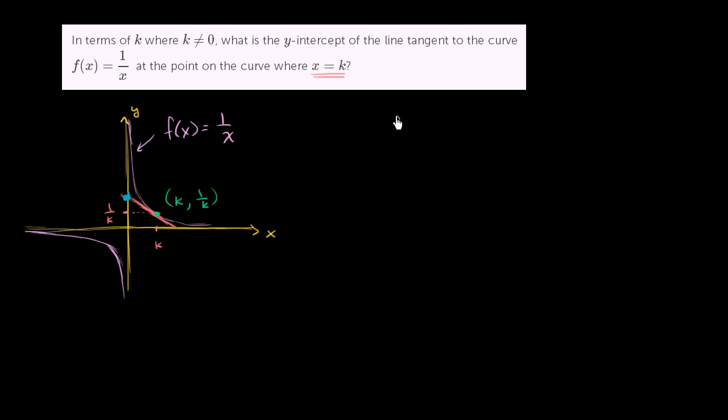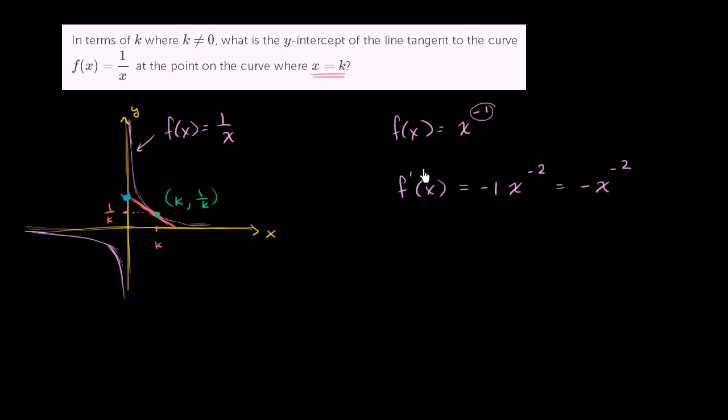So if we write f of x, instead of writing it as 1 over x, I'll write it as x to the negative 1 power. That makes it a little bit more obvious that we're about to use the power rule here. So the derivative of f at any point x is going to be equal to, the exponent here is negative 1, so negative 1 times x to the, now we decrement the exponent, negative 2 power. Or I could say it's negative x to the negative 2.